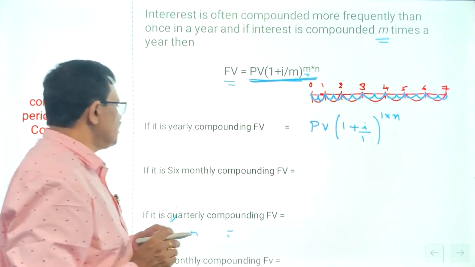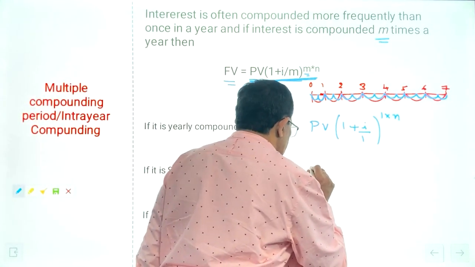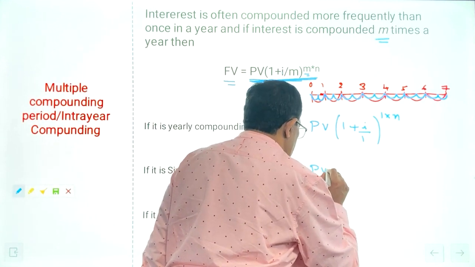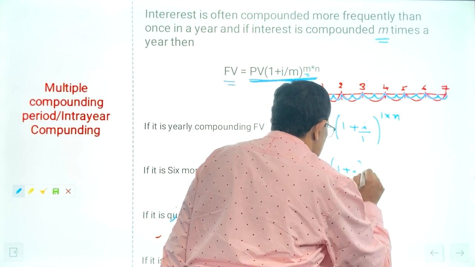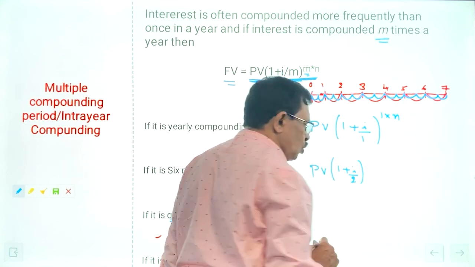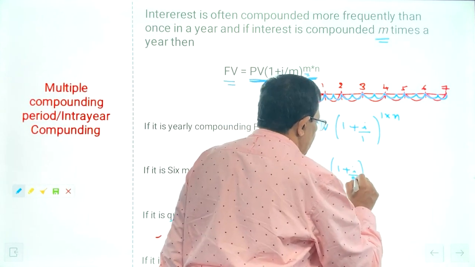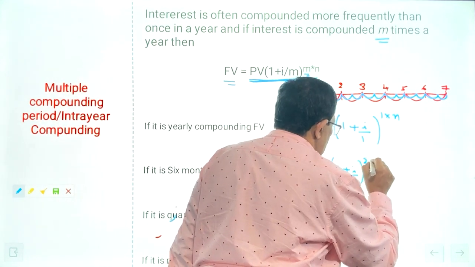But when it comes to the 6 monthly compounding, the formula can be written as the present value into (1 + i). There are going to be 2 periods in a year. So m is going to be 2, and so i by 2, m is here 2, and n.